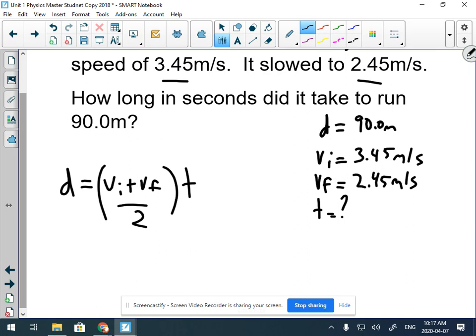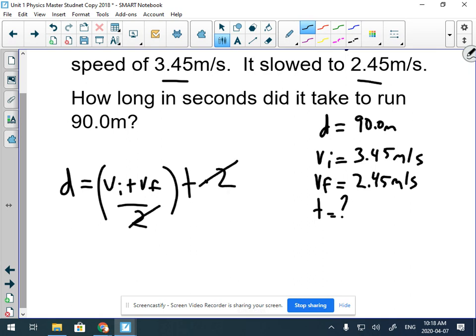What we don't know is time. So we're going to have to rearrange this formula for time, and that's going to be a little bit tricky. I didn't put a question like this on your assignment, but just to give you an idea, we can solve for time here. How do we do that? Well, if this side is being divided by 2, let's times this side by 2.